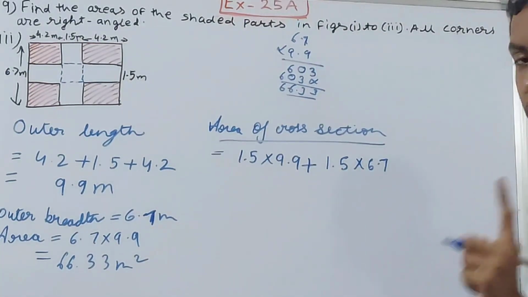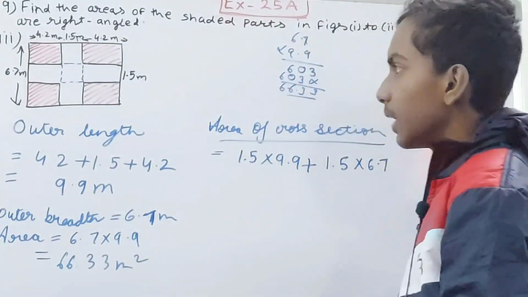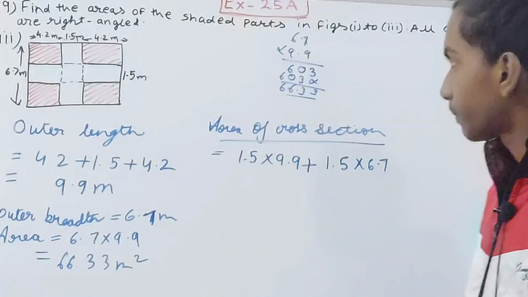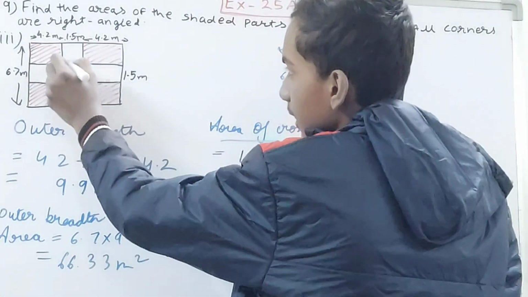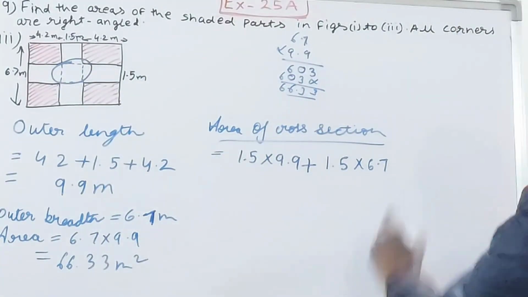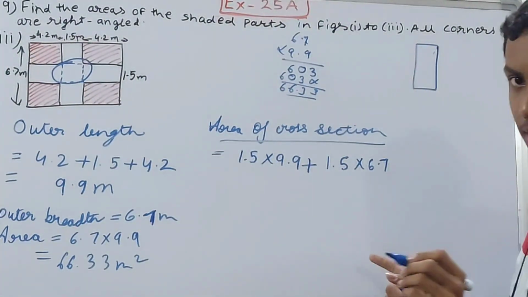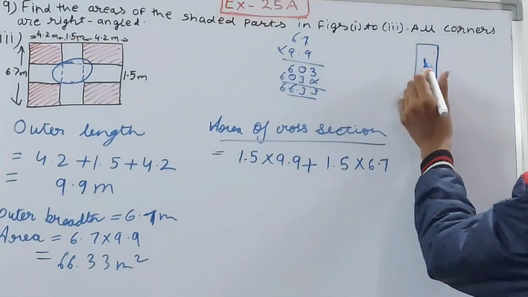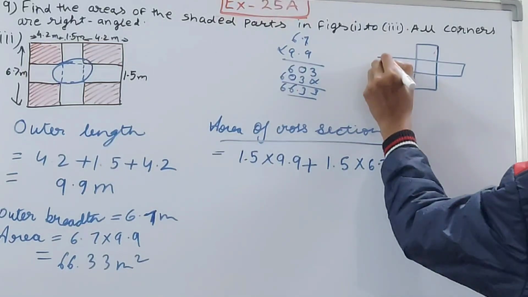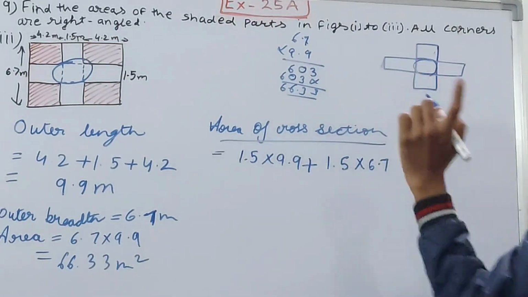Now there's one more very important thing you need to do, that is to subtract the area of the intersection that is there. This part is coming twice. See how? If I take one rectangle, you can see this will be the rectangle, and this area is already covered, and if I make another rectangle through this, you can see that this part has come how many times? 2 times.